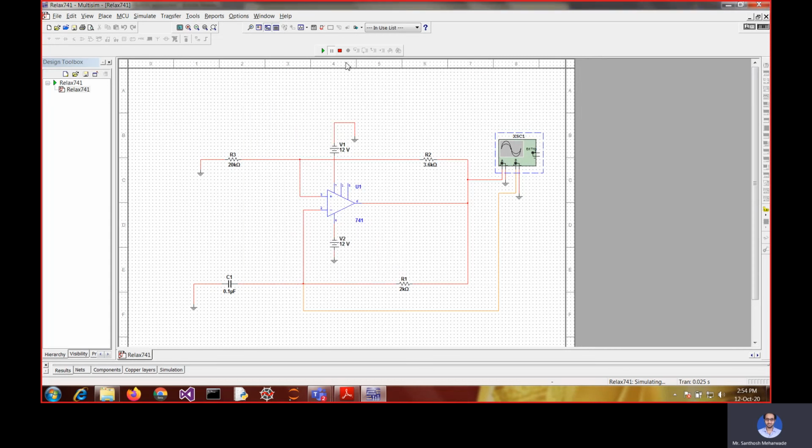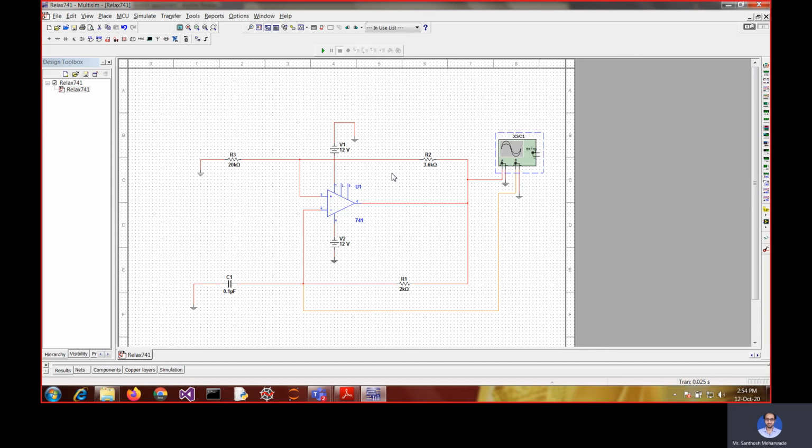We have seen two cases. One is for a frequency of 2 kilohertz, in which we have resistance values of 1K, 1.8K and 10K, and a capacitor of 0.1 microfarad.